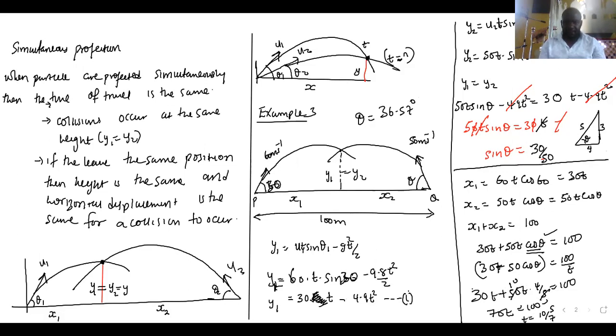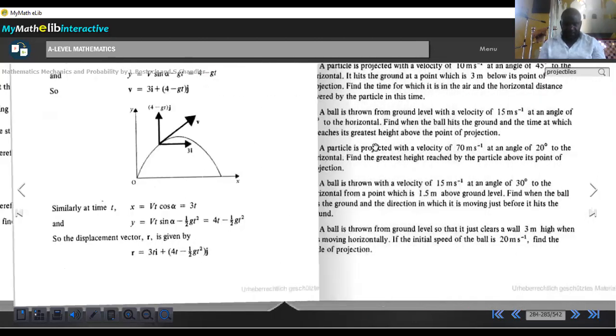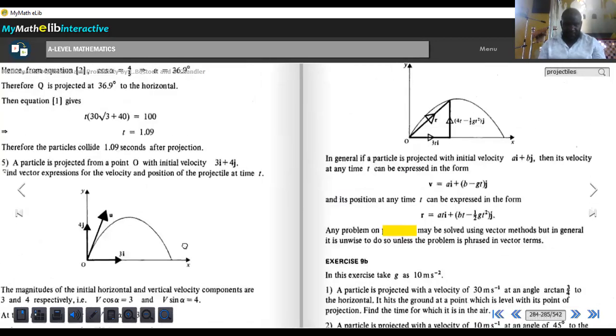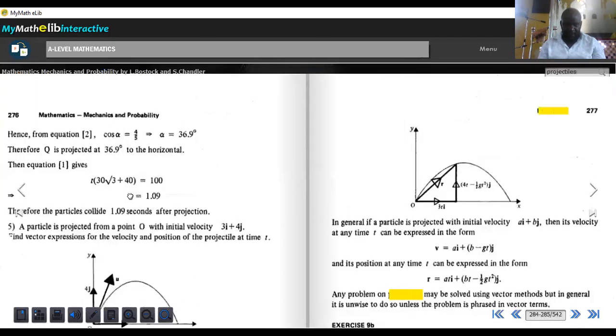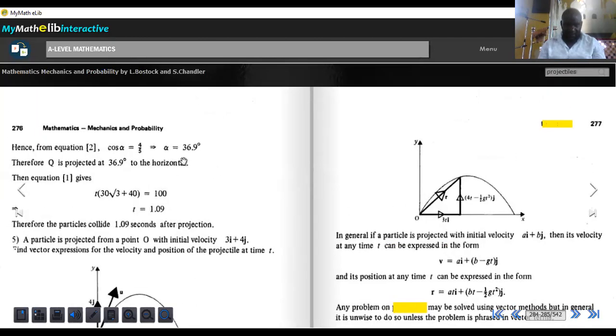So if I may show you, that's the solution, I think. Let's check it out. Yes, the angle was 3 over 5. The angle is 36.87, which is 36.9.